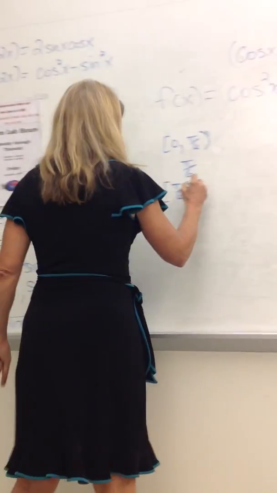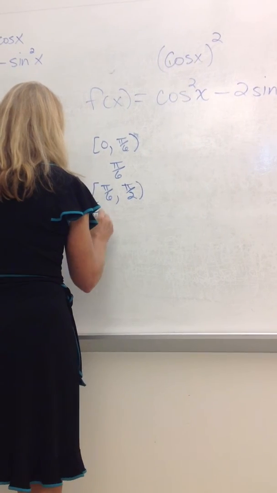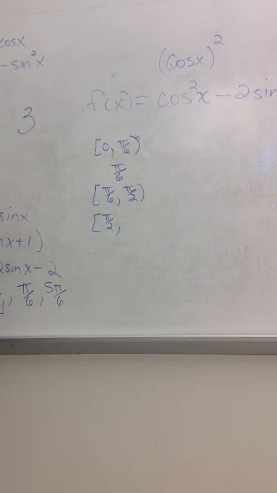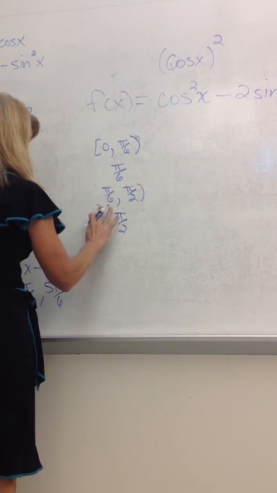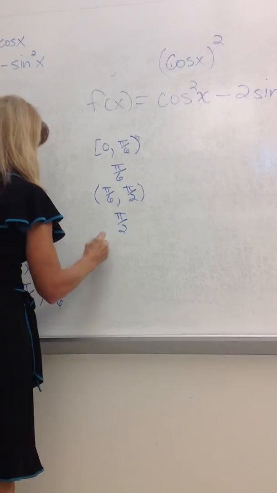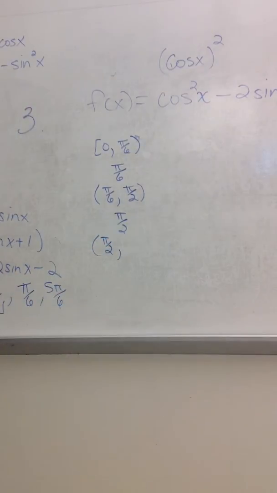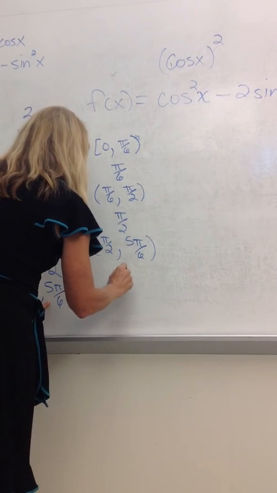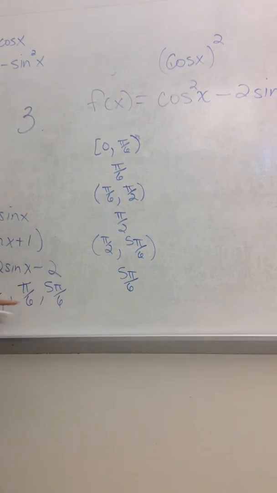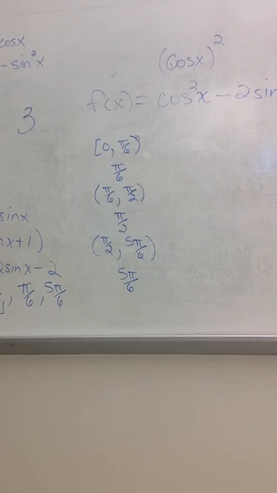Then from pi over 2, whoops, sorry, I left off pi over 2 by itself, and this should actually be a parenthesis. So pi over 6, pi over 2, 5 pi over 6, and then 5 pi over 6 is in quadrant 2, then 5 pi over 4.